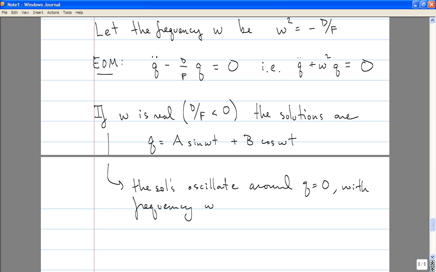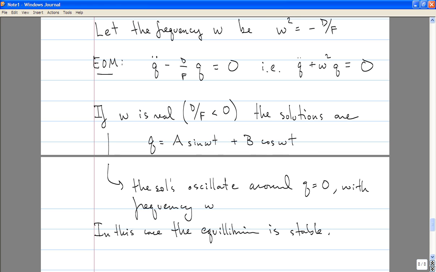And in this case, the equilibrium point is stable. The reason why it's stable is that if you start out with some perturbation around the equilibrium point, the size of that perturbation remains constant in time. It just oscillates.